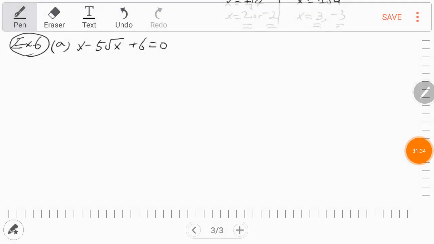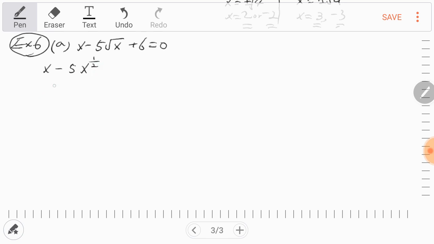Okay, this equation doesn't look like a quadratic equation because there is no square, but we can make it a quadratic equation if it satisfies the form of a quadratic. Let's change the square root of x to a rational exponent.